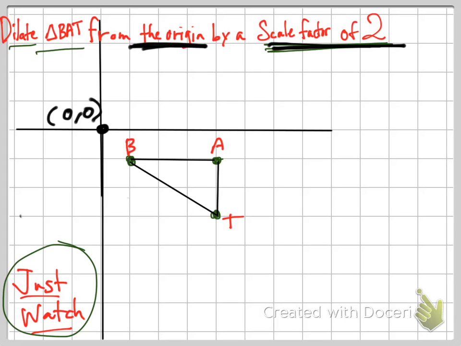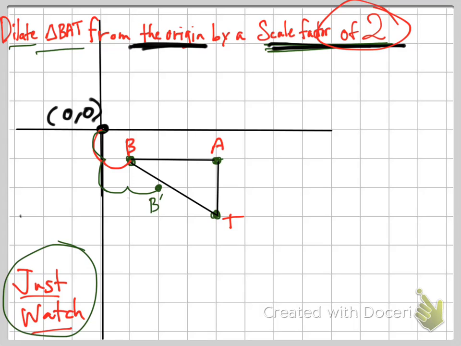So this gets a little tricky. So notice point B is down 1 over 1. So if I'm doubling everything, that means I gotta be down 2 over 2. There is where B prime is going to be. Okay?